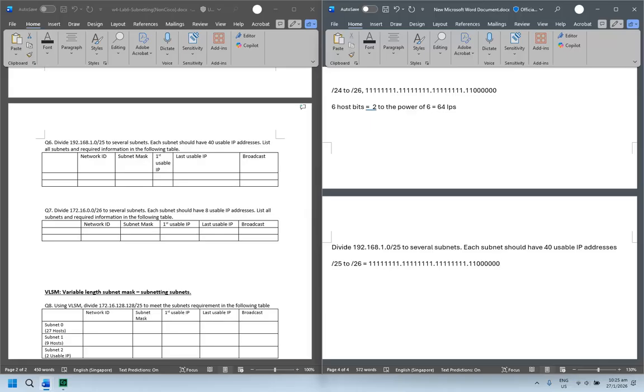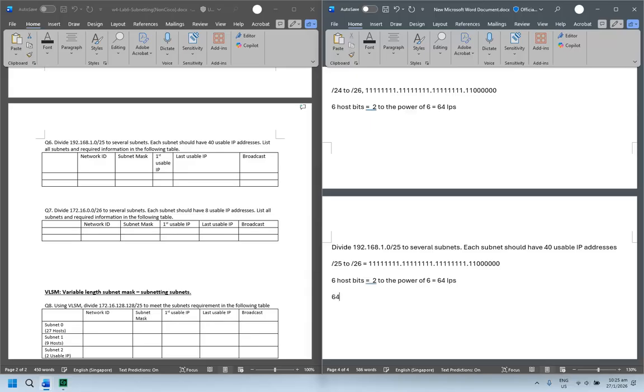So how many host bits do I have? I have 6 host bits, which is 2 to the power of 6, which equals, sorry, 64 IP.